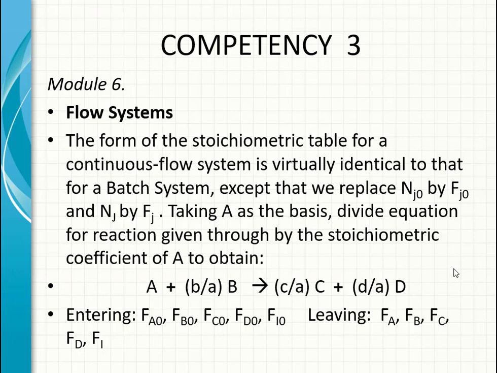So we obtain capital A plus the ratio of the stoichiometric coefficients B and A times capital B will give us the ratio of the stoichiometric coefficients C and A times capital C plus the ratio of the stoichiometric coefficients D and A times capital D. Entering, we will have FA0, FB0, FC0, FD0, and FI0.